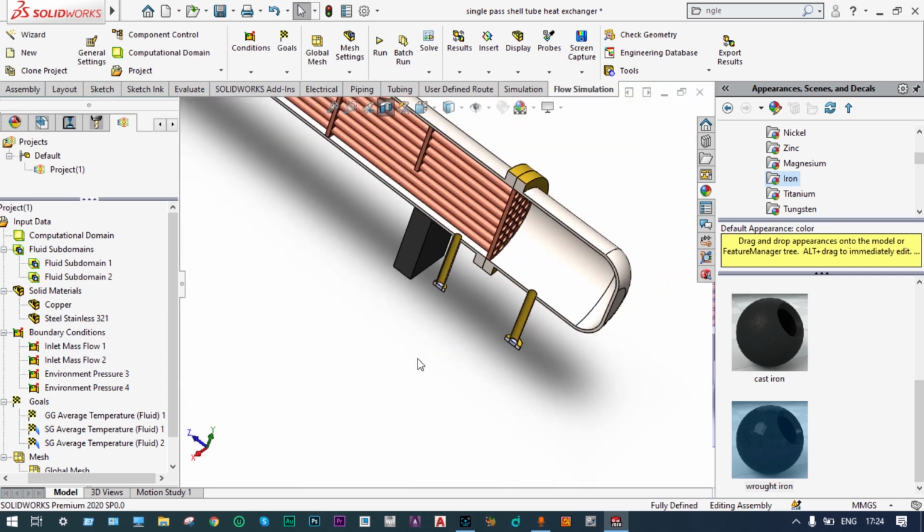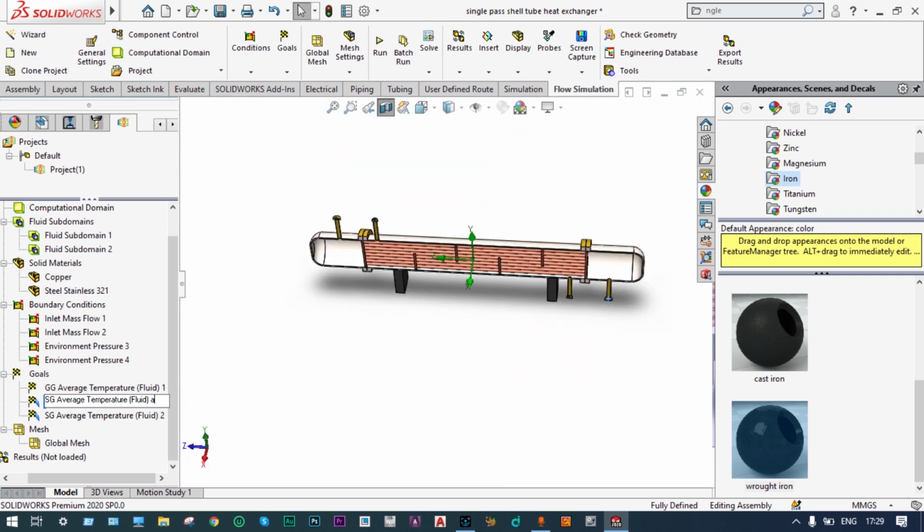Done. So three goals we have defined. We can rename this one as THO, that means temperature at hot exit location. We can denote this one THO. This is temperature at hot water exit. And second one, we can rename this one as temperature at cold water outlet.